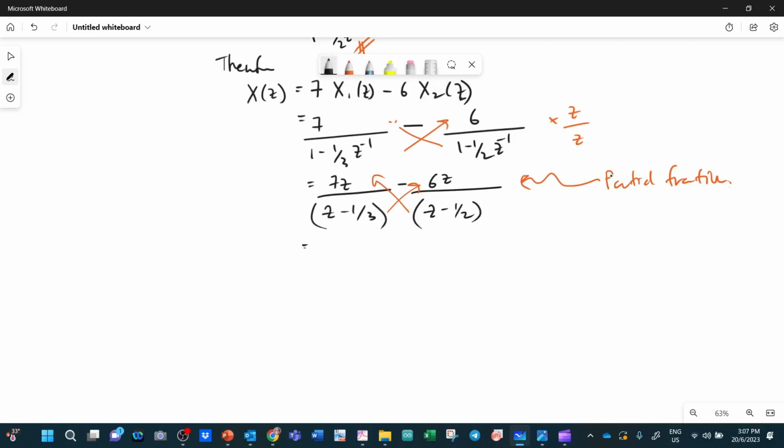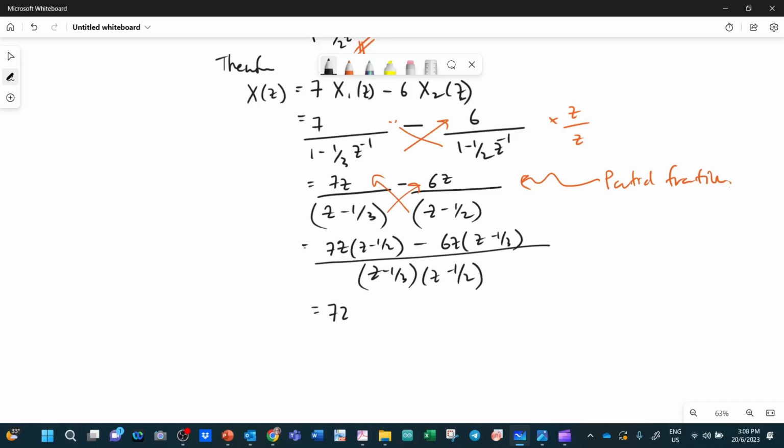Okay, so you have 7z times z minus 1 over 2, minus 6z times z minus 1 over 3, over z minus 1 over 3 multiplied by z minus 1 over 2.